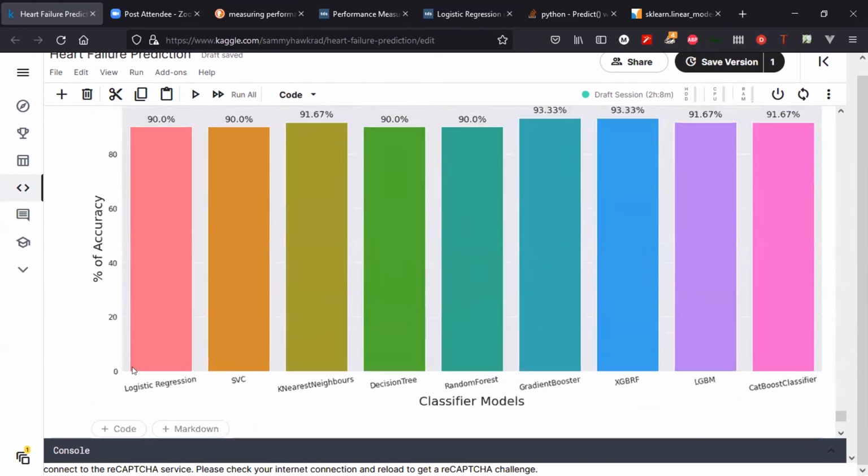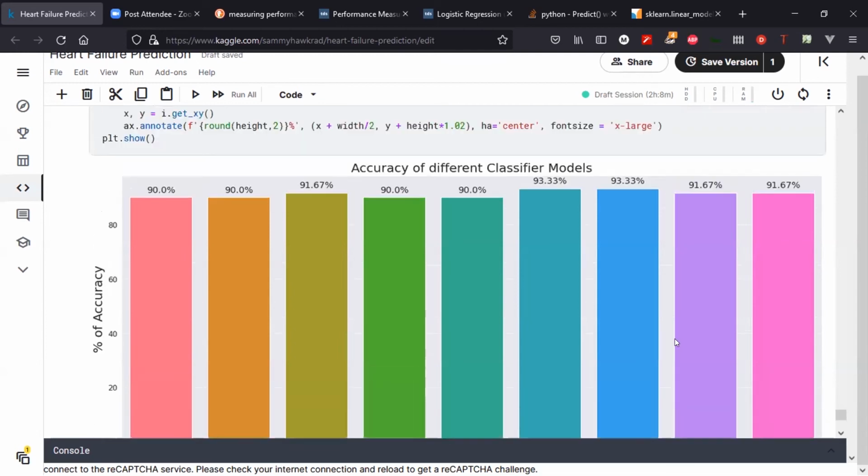We have logistic regression having 90% accuracy, and there are several algorithms that were used. So out of these, a data scientist will choose the one that has the most desired outcome or accuracy.